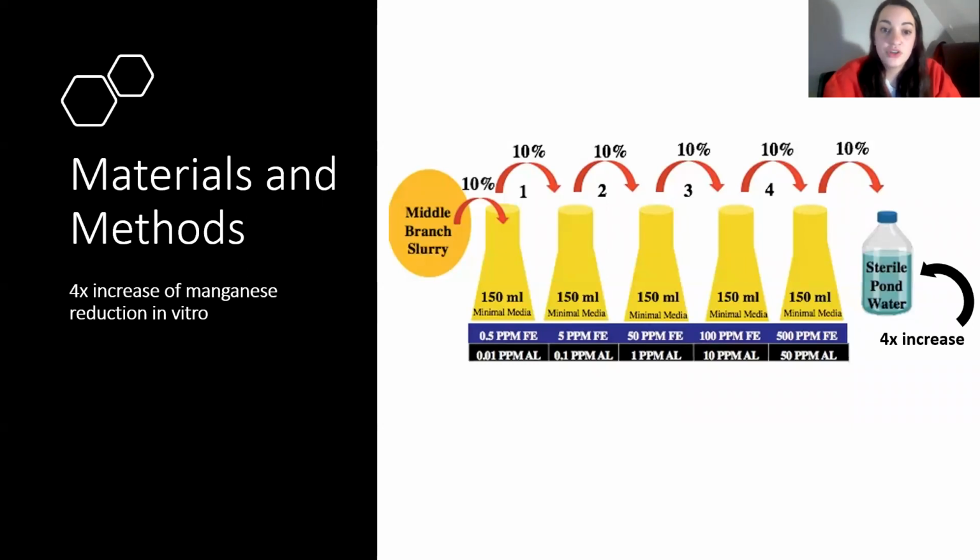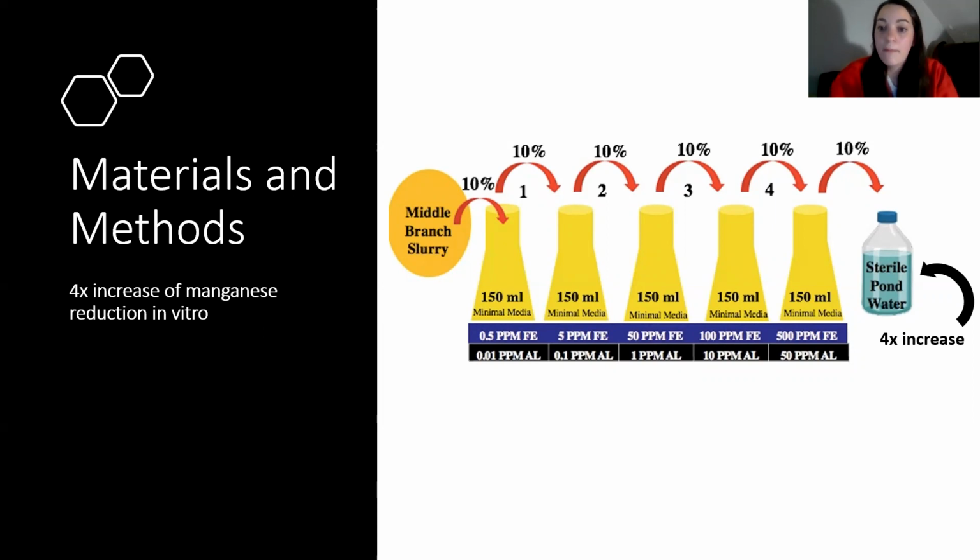To do this, I took the enriched cultures. I enriched cultures of Middle Branch slurries or water samples over 4 transfers, and I increased the metal content in each transfer, and I used aluminum and iron to simulate the type of environment that's going to be at Middle Branch.